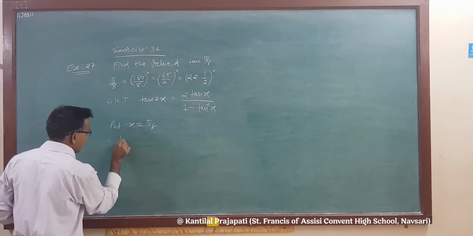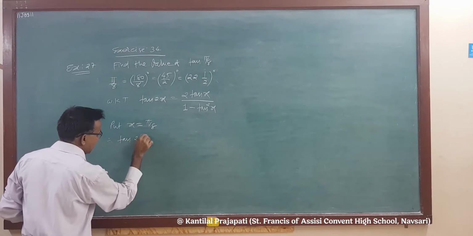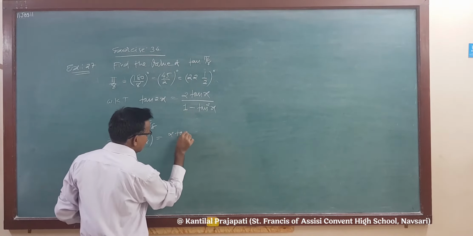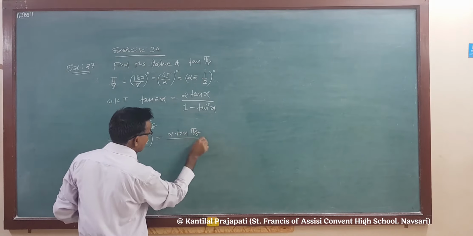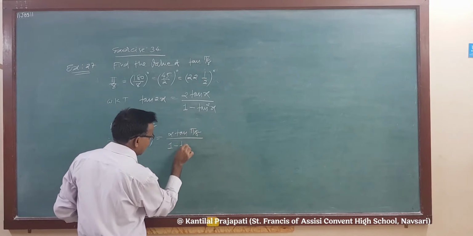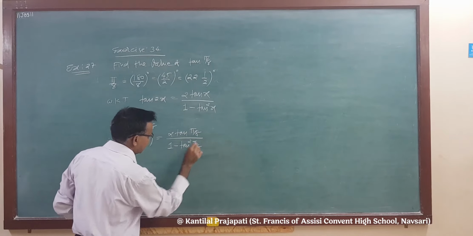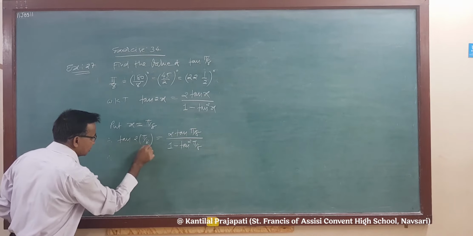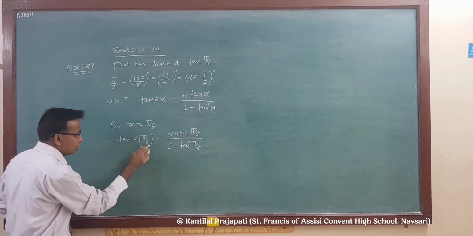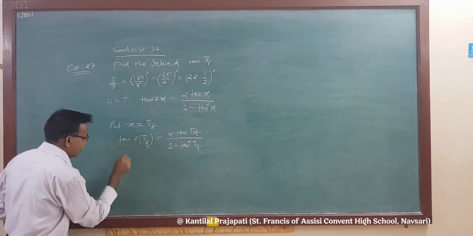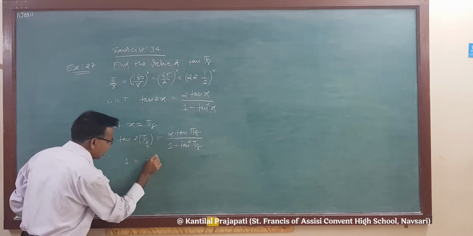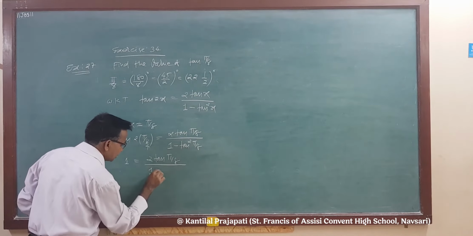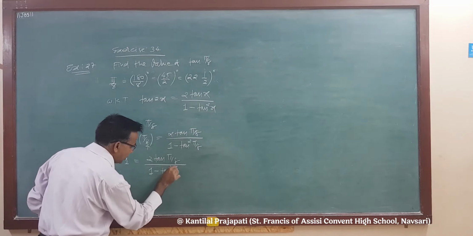Therefore, we get tan 2 into pi by 8 is equal to 2 tan pi by 8 upon 1 minus tan square pi by 8. So this is tan pi by 4. Tan pi by 4 is equal to what? Tan pi by 4 is 1. So 1 is equal to 2 tan pi by 8 upon 1 minus tan square pi by 8.